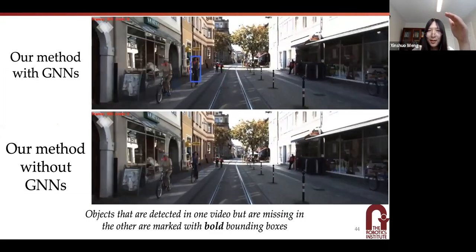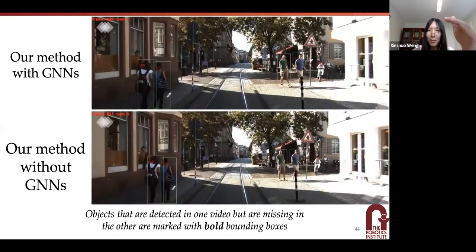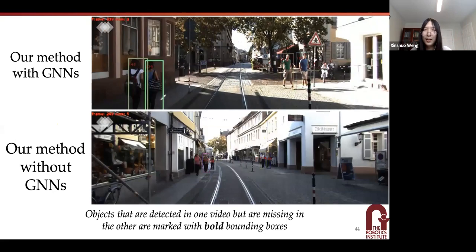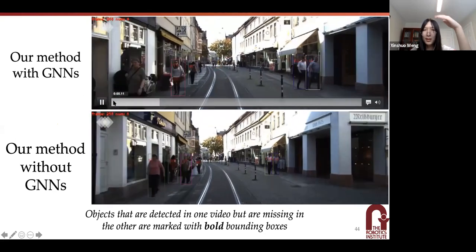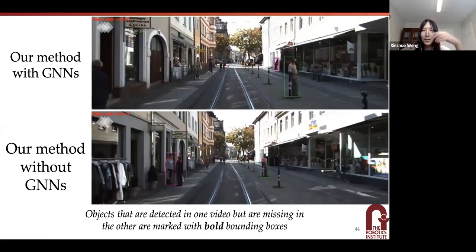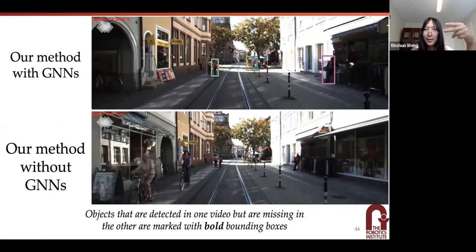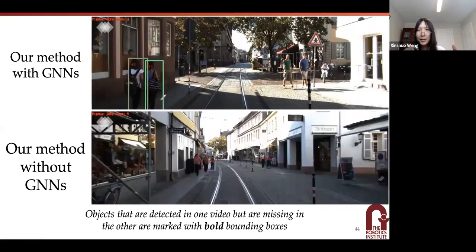It means that we can detect this object in this frame with this method, but cannot detect it in the other. So basically, the top video has more bolded bounding boxes than the bottom one, saying that the top video has fewer false negatives, and the bottom one has more false negatives.